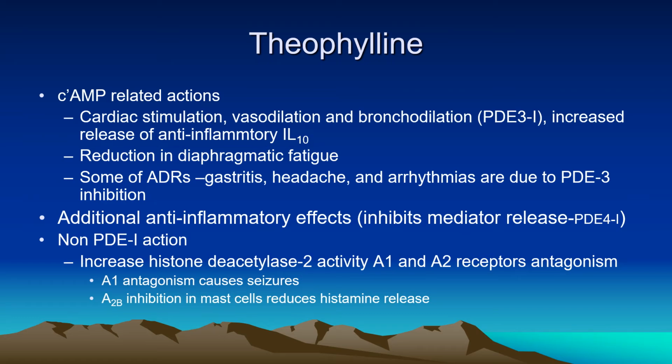Among the cyclic AMP dependent actions are cardiac stimulation, vasodilation, bronchodilation, increased release of the anti-inflammatory mediator interleukin 10, and reduction in the diaphragmatic fatigue because it increases contractility. And some of the adverse drug reactions of theophylline, such as gastritis, headache, and induction of arrhythmias, are due to inhibition of the phosphodiesterase subtype 3 enzyme. So therefore, actions and adverse effects both can be explained by elevation of cyclic AMP.